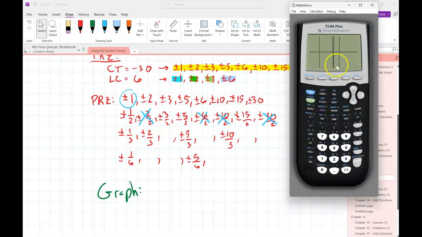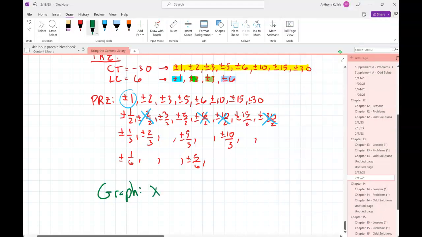So if I look at my graph, what does this look like? That guy looks like -6. That looks like maybe -0.5. And that one looks like maybe 2.5. Now these ones I'm less sure about because they weren't on a tick mark that I could tell.